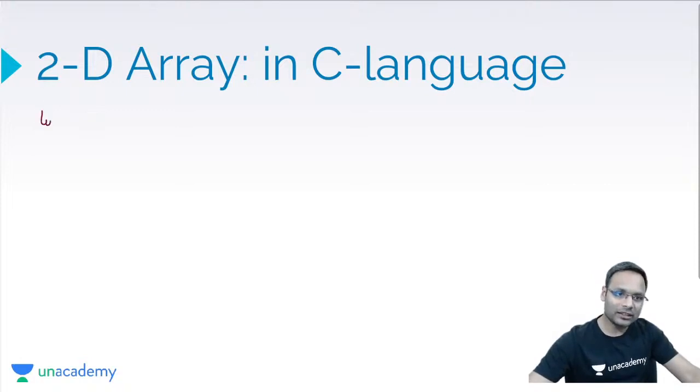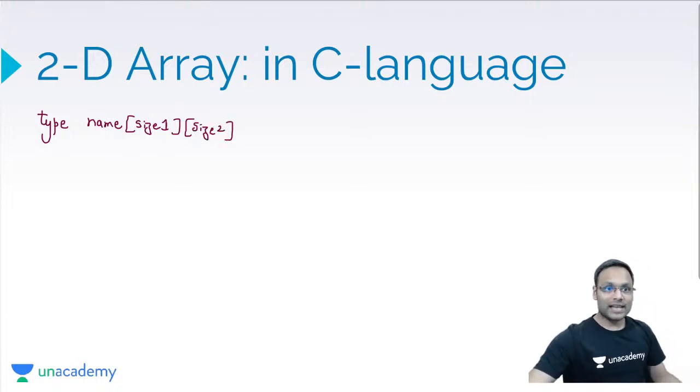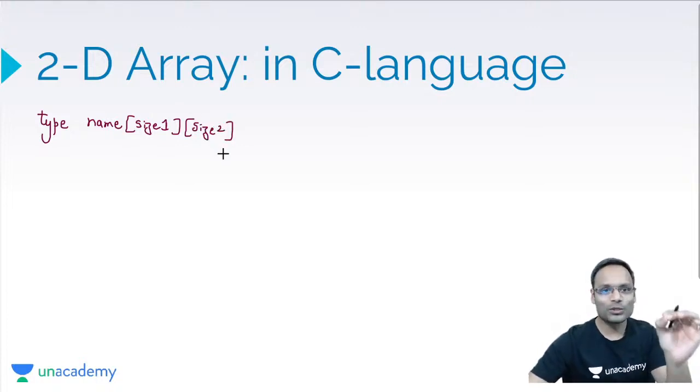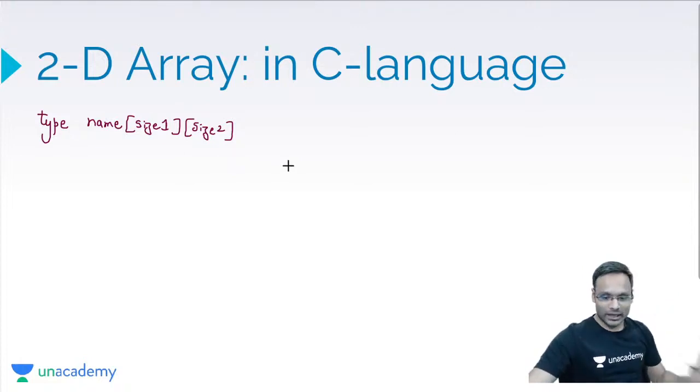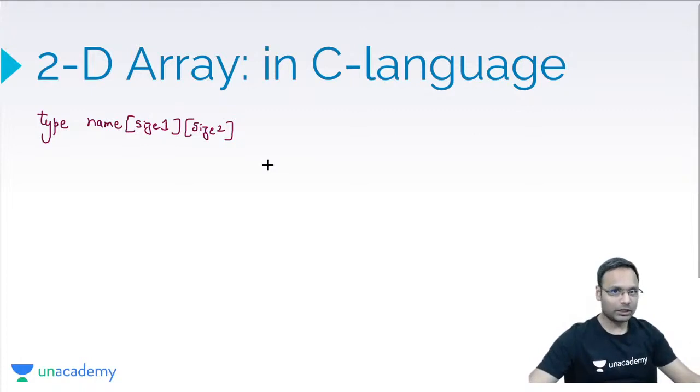You first write the type, data type, after that name, after that you write some size 1 and some size 2. What does it mean by size 1 and size 2? Size 1 is number of rows in your 2D array. Size 2 is number of columns in your 2D array. पता होना चाहिए सबको। नहीं पता?